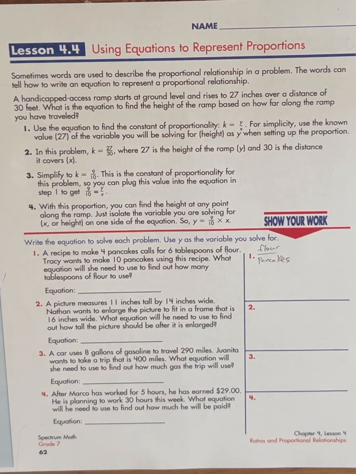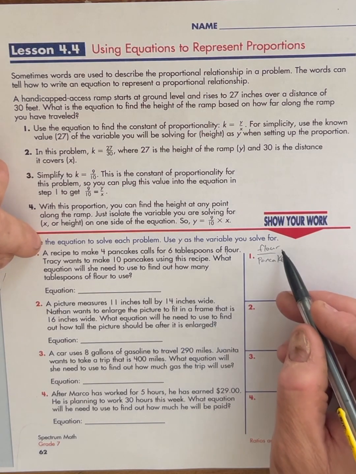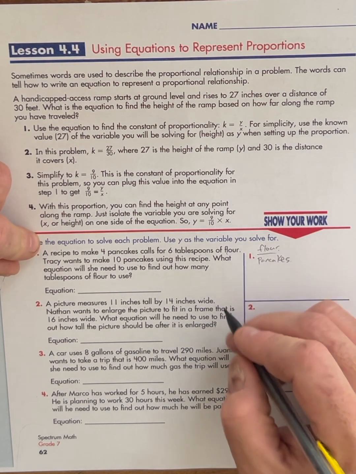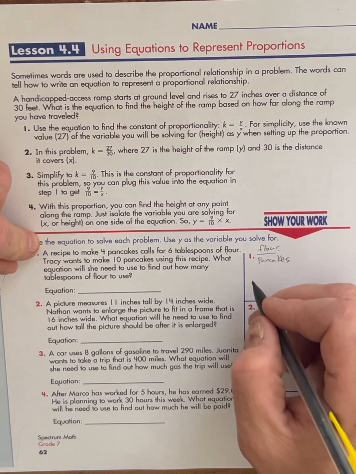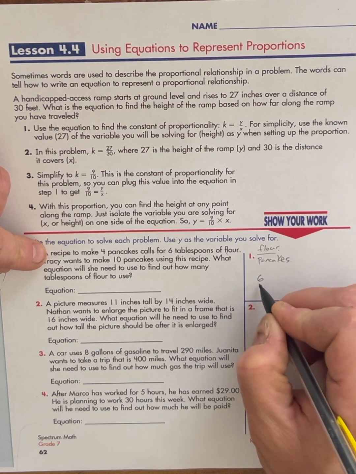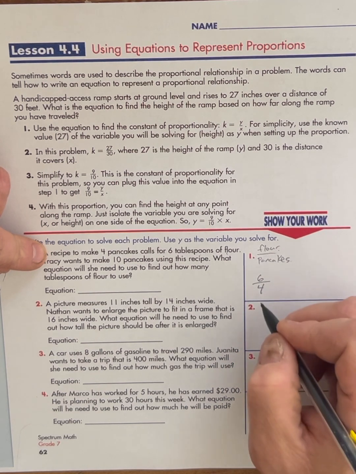You could do pancakes per tablespoons of flour. It would also be correct. You just got to choose it and stay consistent. So I'm doing tablespoons of flour to pancakes. So the recipe calls for 6 tablespoons of flour to 4 pancakes.